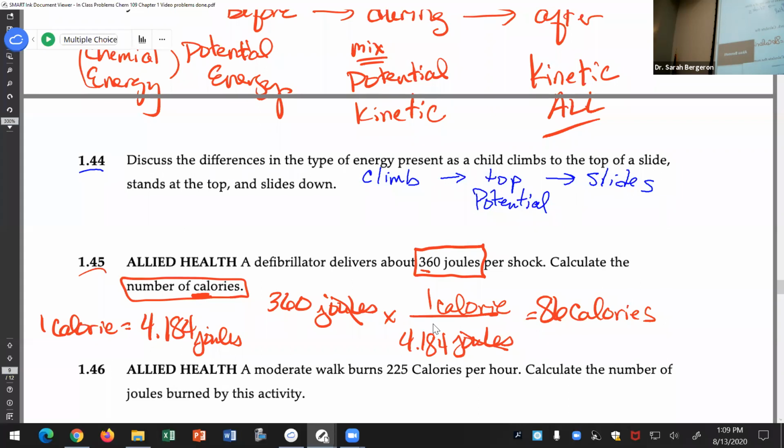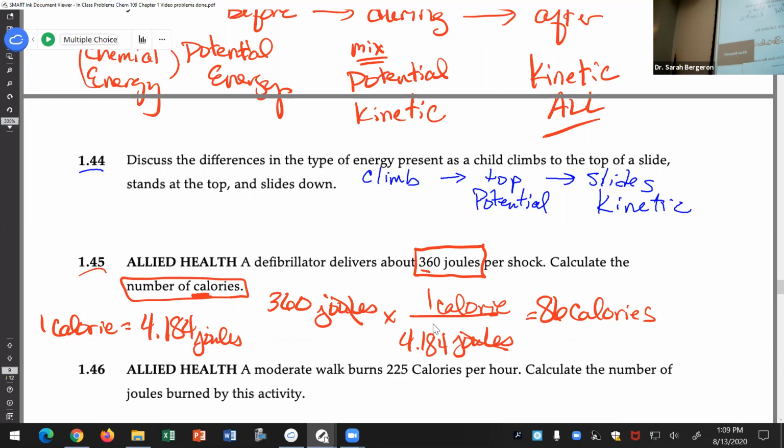That's like the guy on the bike sitting at the top of the hill going, oh yeah, this is going to be a fun ride, and he coasts down, right? So what about the sliding down part? Kinetic or potential? That's kinetic. Now we've got that. But what's happening as he's climbing? It's not just one answer.